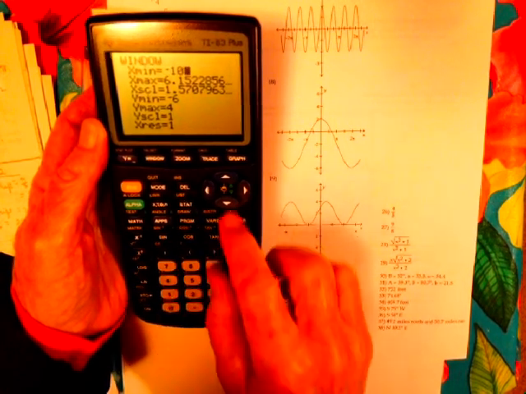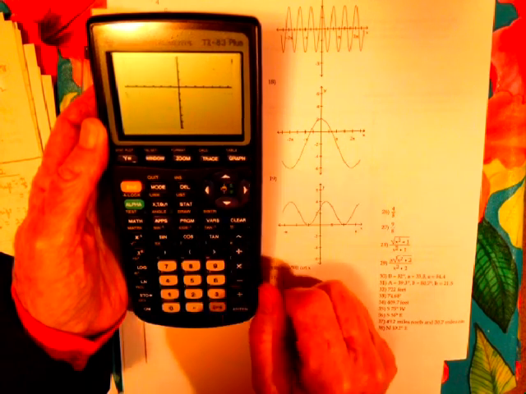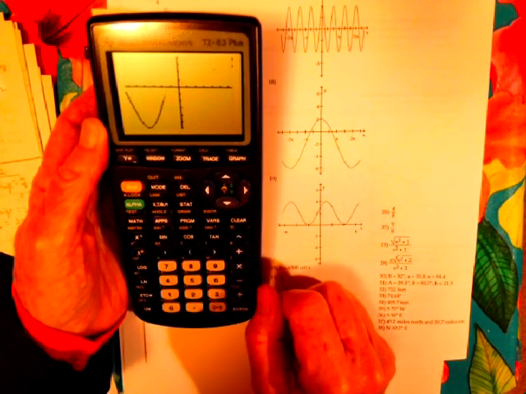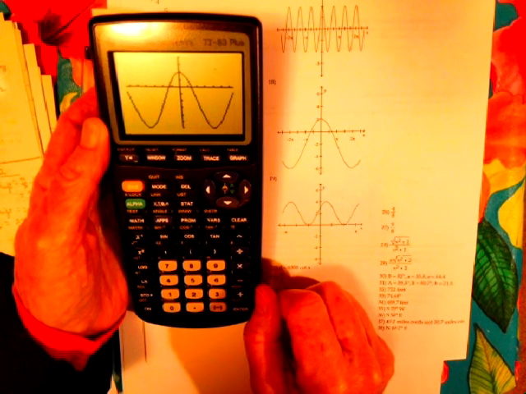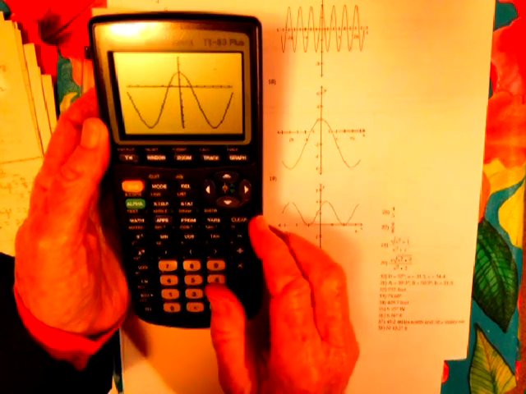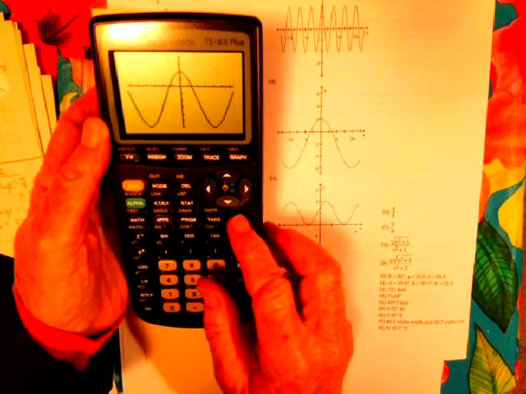I'm going to put -10, x min, 10, x max. Now, if this were multiple choice, I'm sure that I could pick that out. I think that's enough information for number 18.